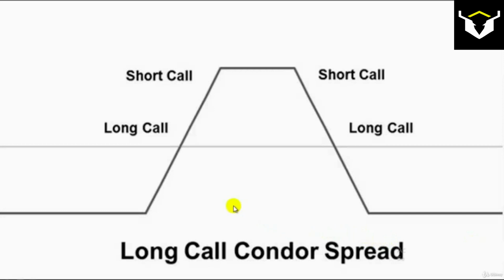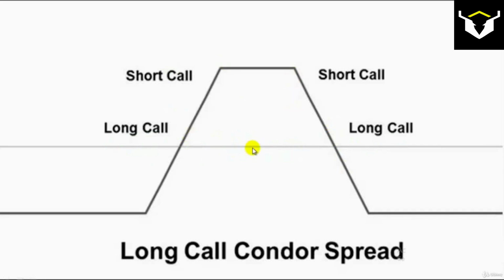Following is an image of a long call iron condor. This iron condor is set up by taking long calls. So how is this setup created? This is the line of price change of the stock value. The stock value increases towards the right side and decreases towards the left side. These are the strike prices.